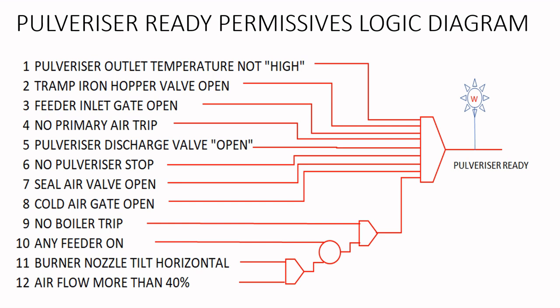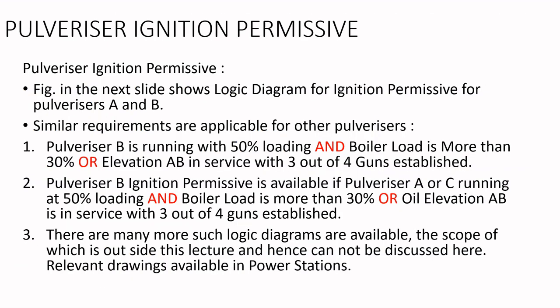Then the pulverizer ignition permissive. We have seen the readiness. Now we come to the ignition permissive. The pulverizer will get the ignition permissive only when, now there are different requirements for different pulverizers.